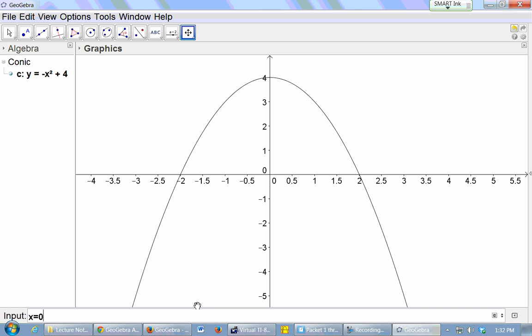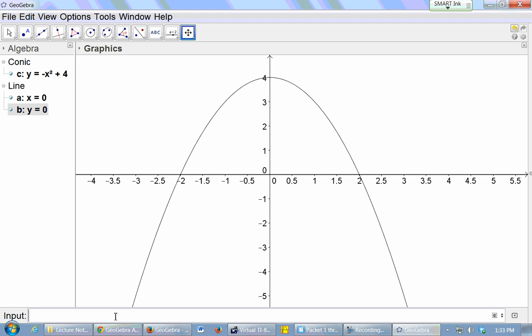What line is that? What line is that going to graph? The y-axis. It's going to graph the vertical line, the y-axis. Okay, so now you can see it's a little bit bolder now because I graphed it. And I'm going to also graph y equals 0. What line is that? The x-axis.